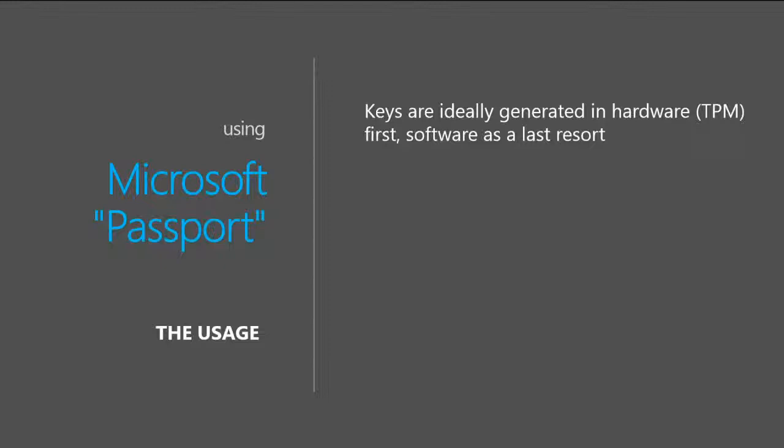First, generate those keys in isolation in the TPM. It means user mode or system mode malware would not be able to get access to those keys. As the second thing, TPMs allow us to perform cryptographic operations in isolated environments, so malware would not be able to intervene.